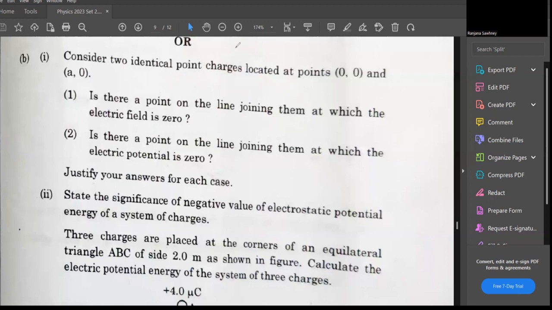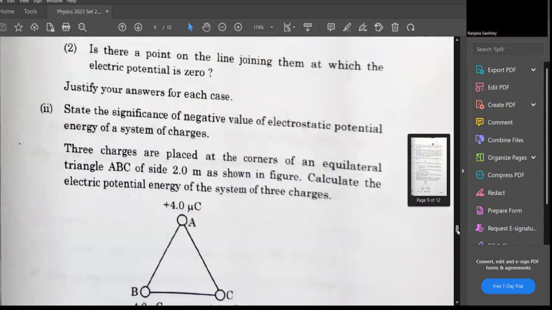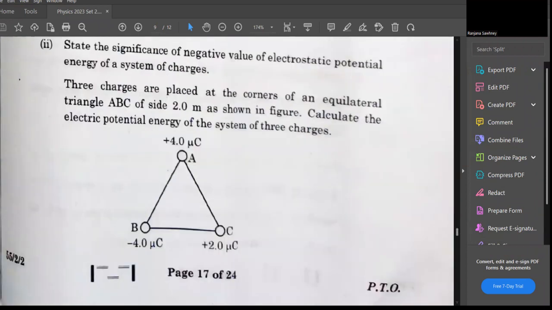There's one numerical along with it. At the vertices of an equilateral triangle, there are three charges, and here you have to find out the potential energy of this system. We know that the expression of the potential energy is kq1q2 upon r.